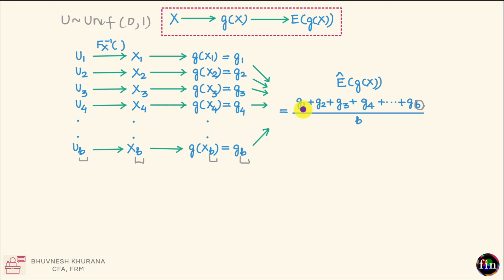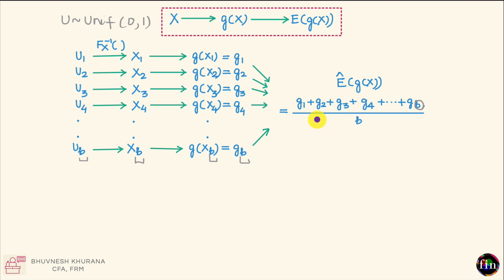Please remember that because each of the values of u which we started with were IID, all these values of g that we've finally arrived at will also be IID, independent and identically distributed. Let's quickly reason out what the standard error of this estimator should be. Standard error is simply the square root of the variance of this estimator.